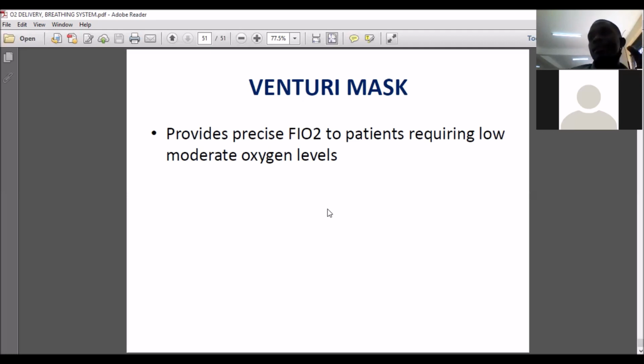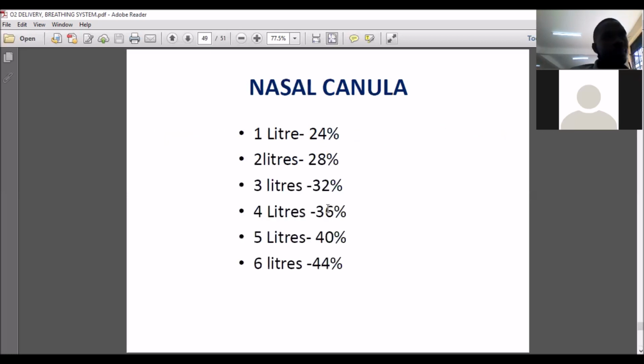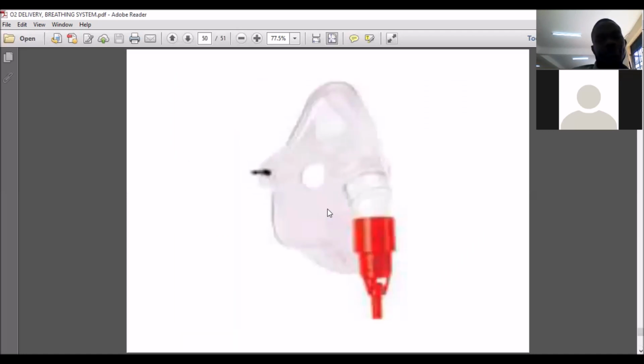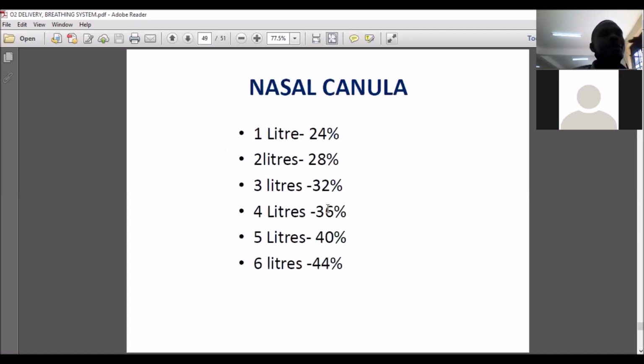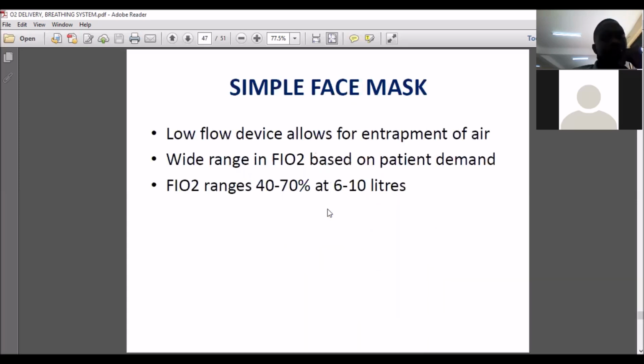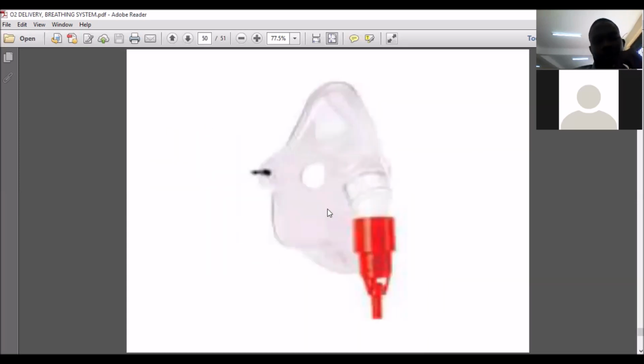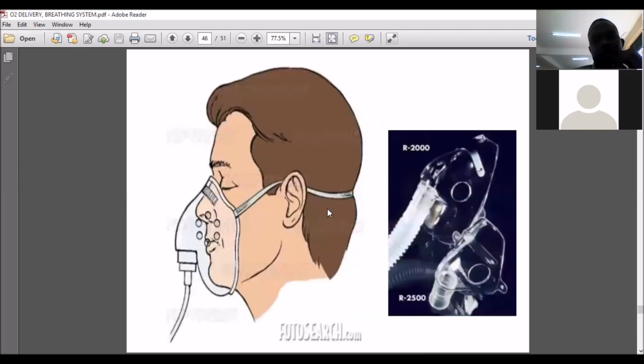I also didn't get it. But it provides precise, I think, oxygen, reduced oxygen to patients carrying low or moderate oxygen levels. Yeah, no picture. I think so.